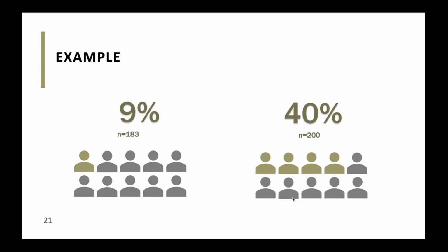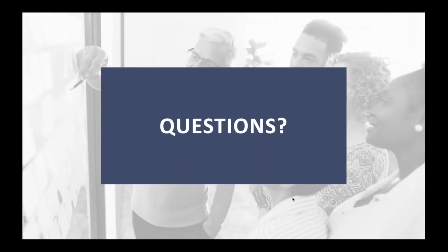And that's really the point of developmental evaluation. So let me go ahead and pause there and see if there are any other questions. Elise, are there any questions that have come in?